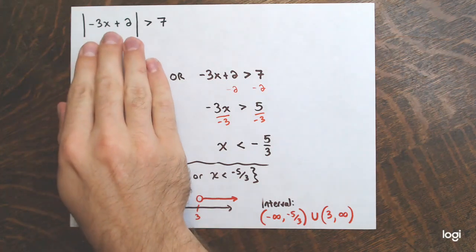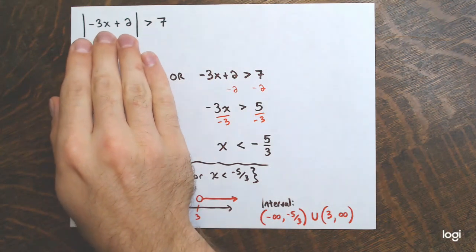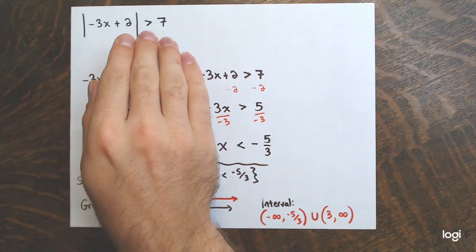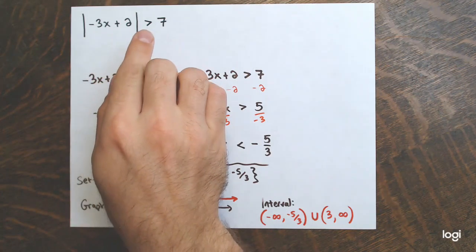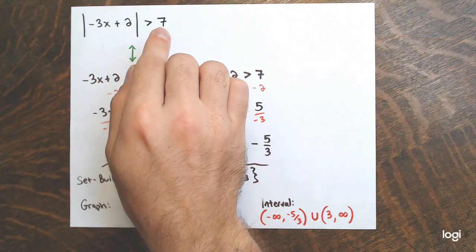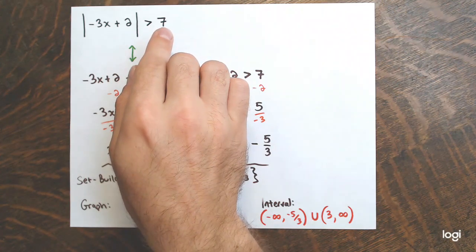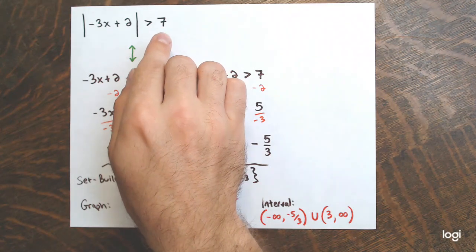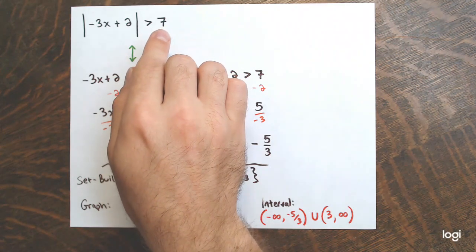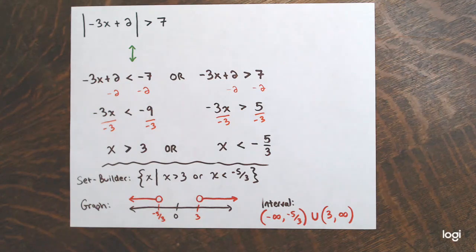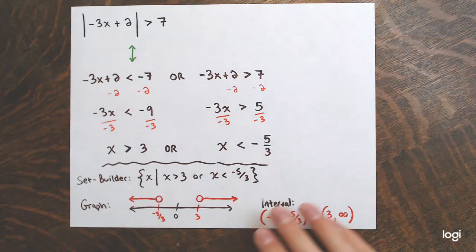But I always had, in these examples so far, the absolute value alone, is greater than or equal to, and then some positive number. Well, what if this number isn't positive? What if this number is 0 or negative even? And that's what my last three examples deal with. All right, so let's take a look at these.